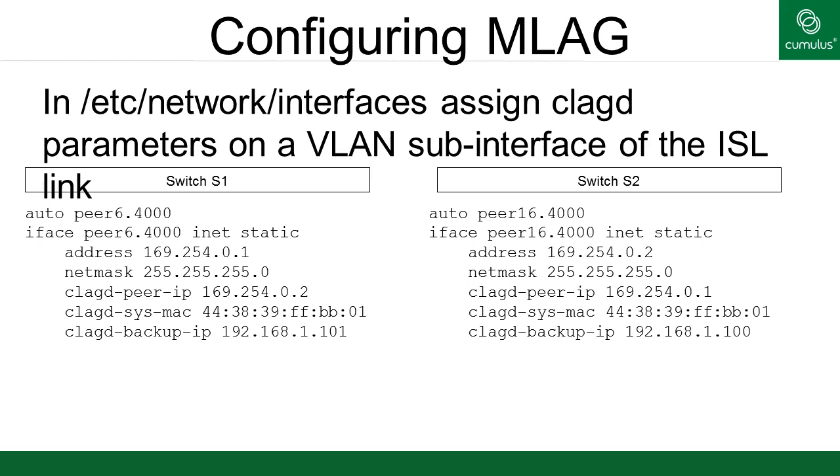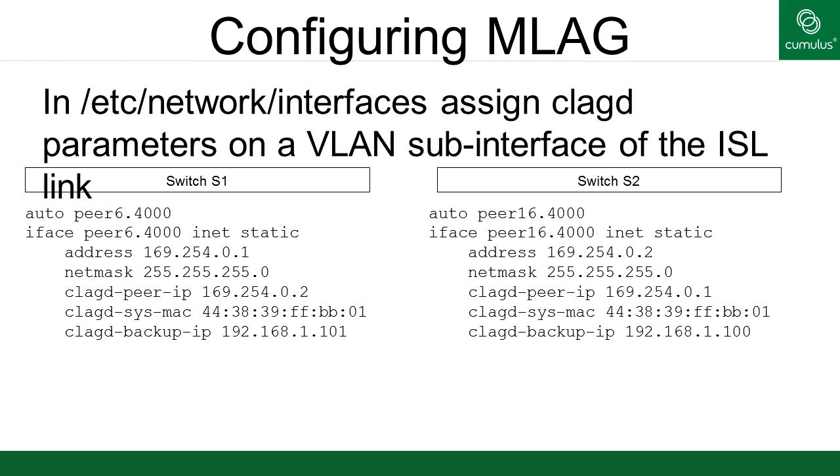So we recommend that you use an address in the range, and I show an address here. The first 4 bytes of this address, 44:38:39:FF, should be fixed. And then the last 2 bytes can be anything you want, but they have to be the same on both of the 2 switches in an MLAG pair.